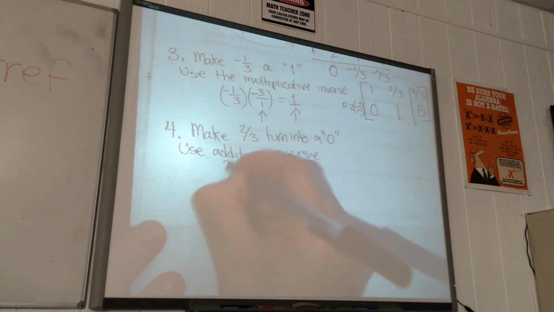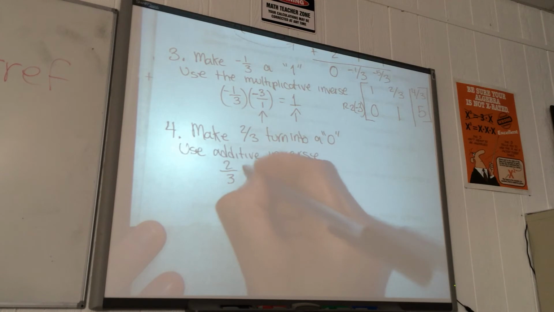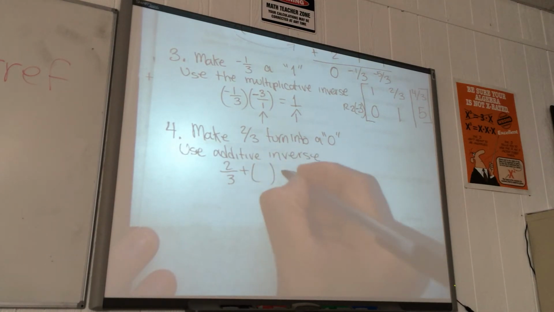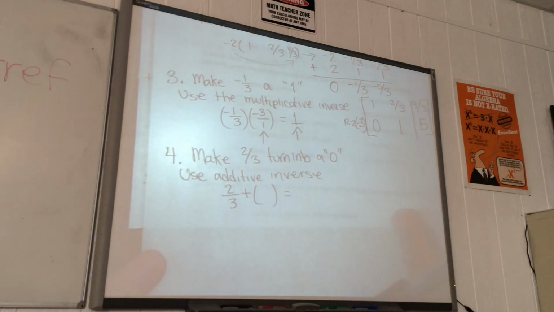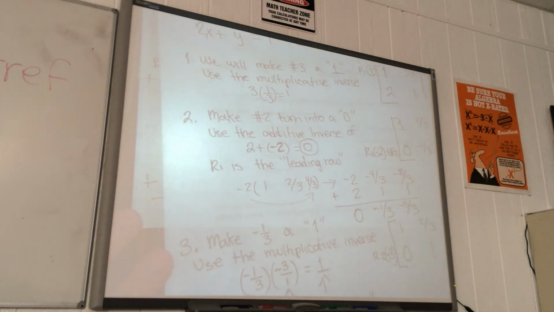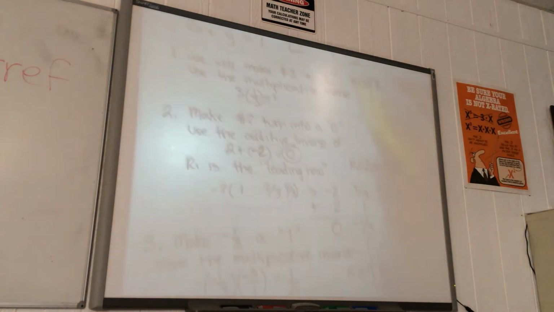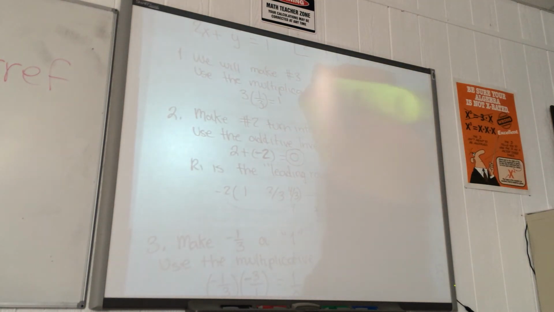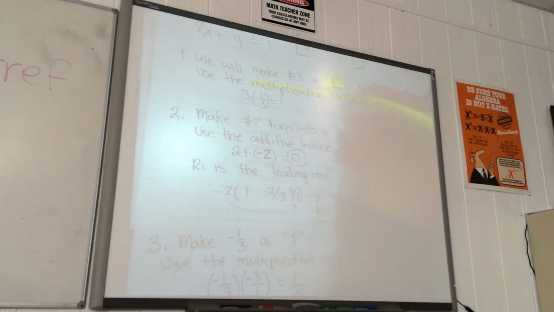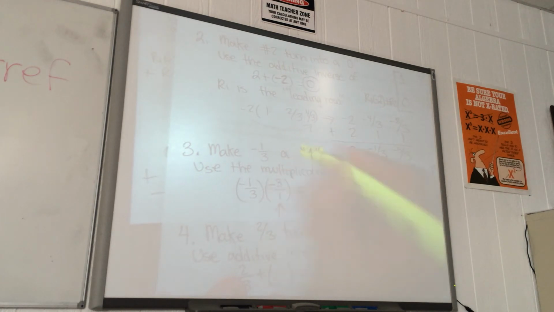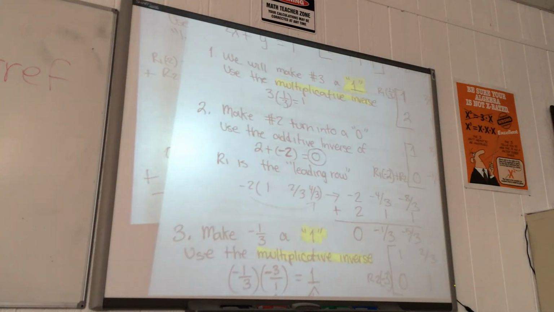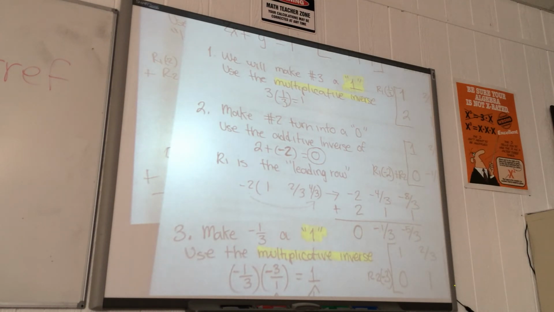So, go ahead. When do you determine if it's a multiplicative inverse or additive inverse? Every time you want to make a 1, you will use multiplicative inverse. And you're asking very good questions, Martha. It's like we rehearsed this.